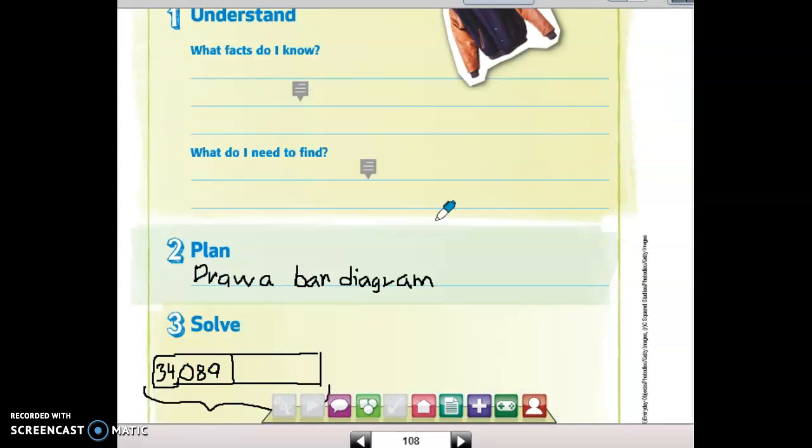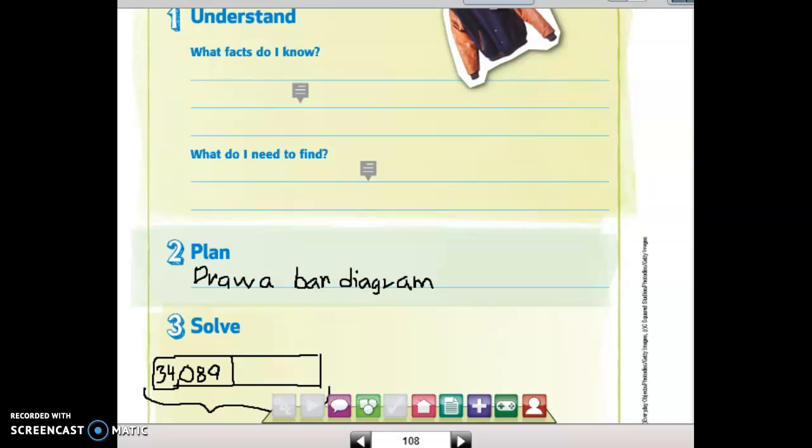And just to practice, our plan is to draw a bar diagram. We're going to work on using a bar diagram just to practice this strategy because it will come in handy when you're getting to more complicated problems. So I set up my bar diagram and I wrote the smallest of the two numbers in one side of the bar diagram.